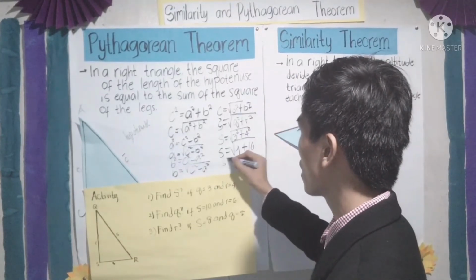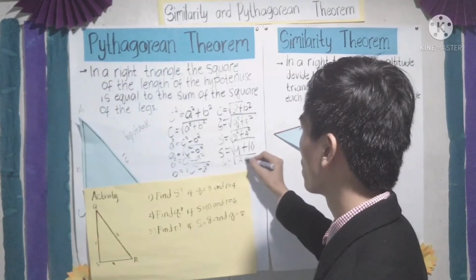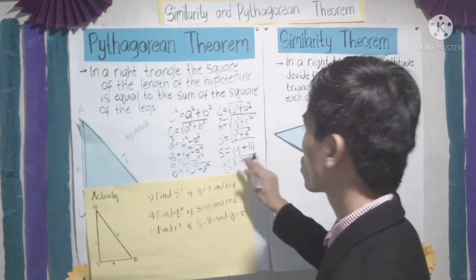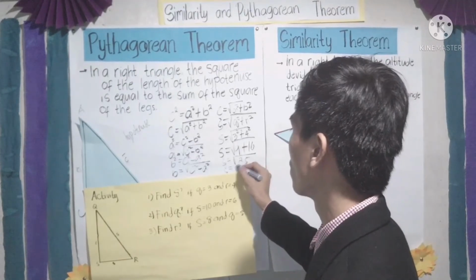So s is equal to the square root of 25, which is 5.